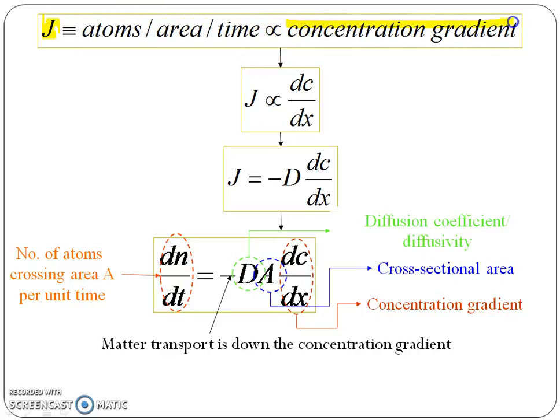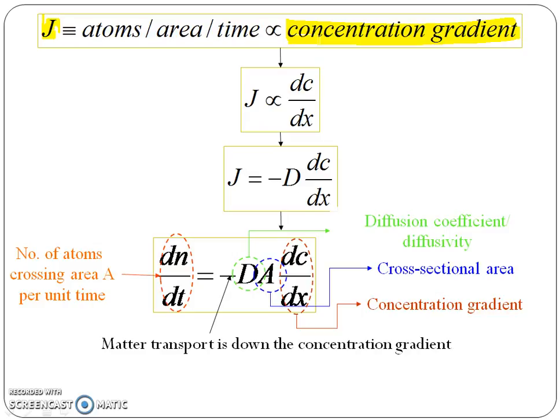So the amount of diffusion will be dependent on the driving force, which is nothing but the concentration gradient, or precisely the chemical potential difference.